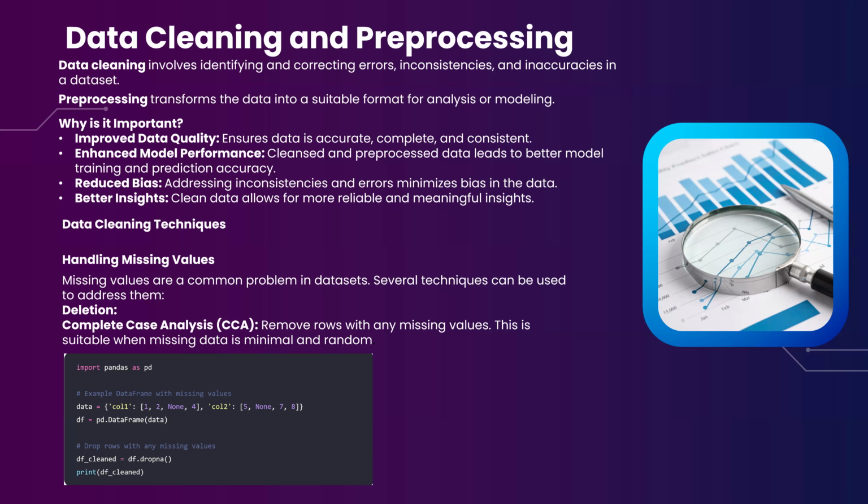And then it enhances model performance. As I already said, the prediction accuracy is trusted. And then it reduces bias because the data is not skewed towards a particular direction. Sometimes you can clean data and it will still have imbalance.